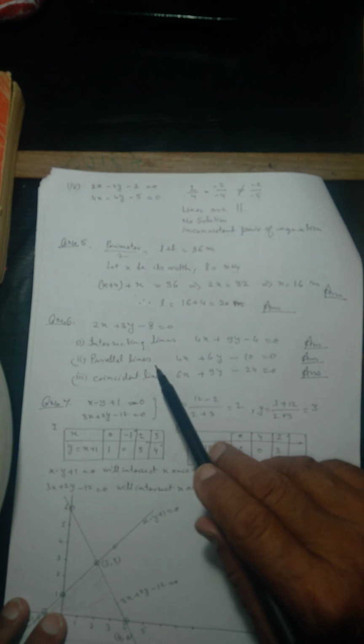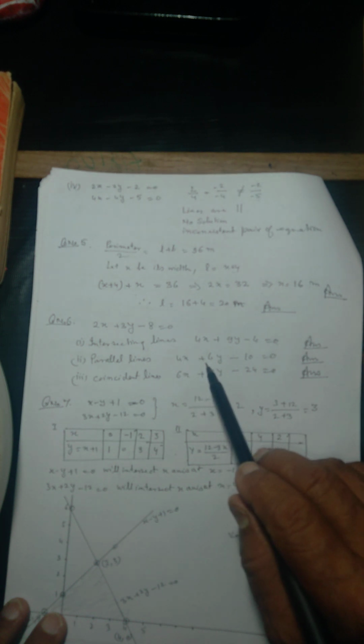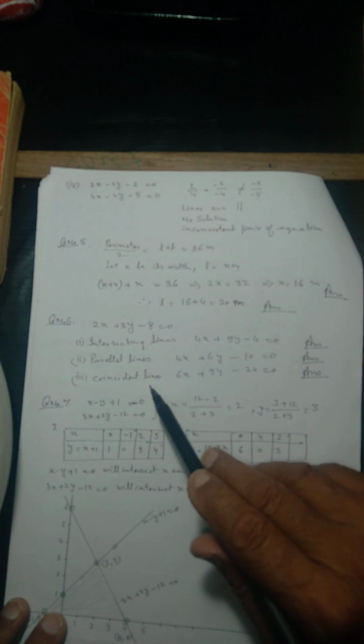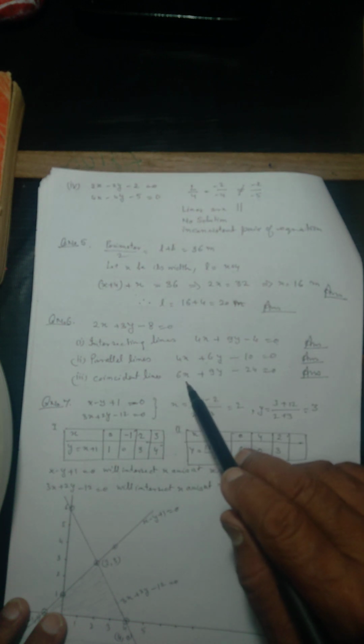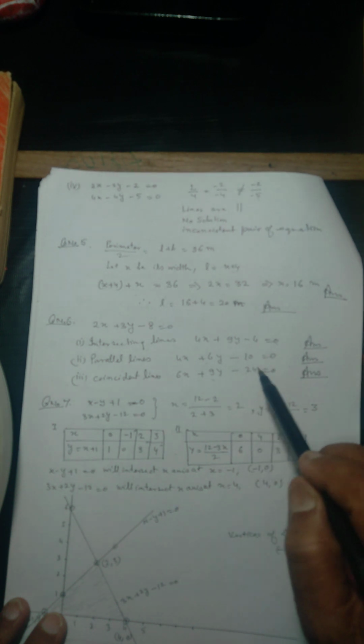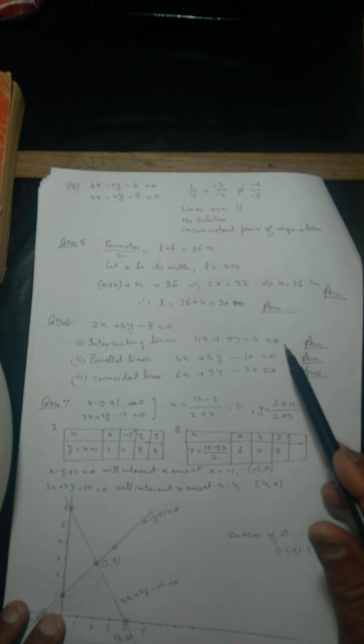Parallel lines, that is 4x plus 6y minus 10 equal to 0. Coincident line, that is 6x plus 9y minus 24 equal to 0. These are the three answers.